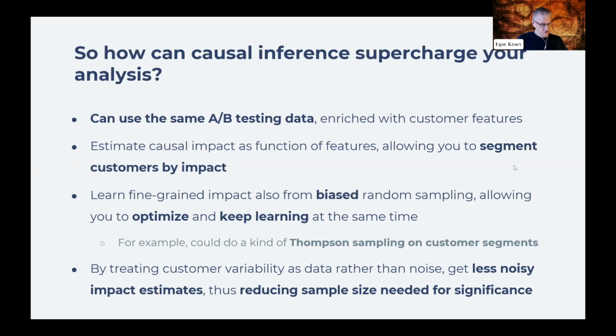And then by using this kind of causal inference AutoML, without figuring out all the quirks of every single model, you can estimate causal impact as a function of customer features, allowing you to segment your customers by impact. You can also learn fine-grained impact like this from biased random sampling. So you no longer have to stop your tests. You can always keep running tests and keep learning from them, while at the same time using what you've already learned.